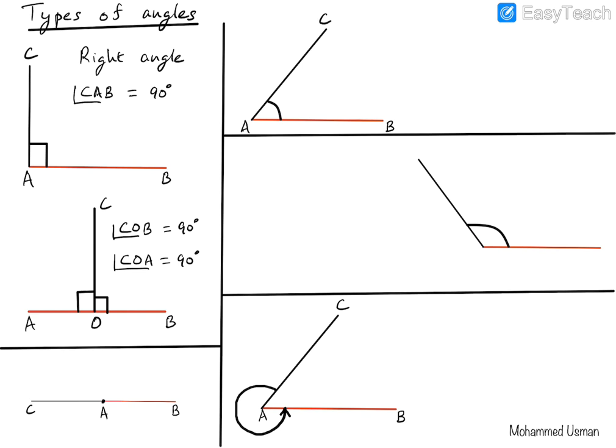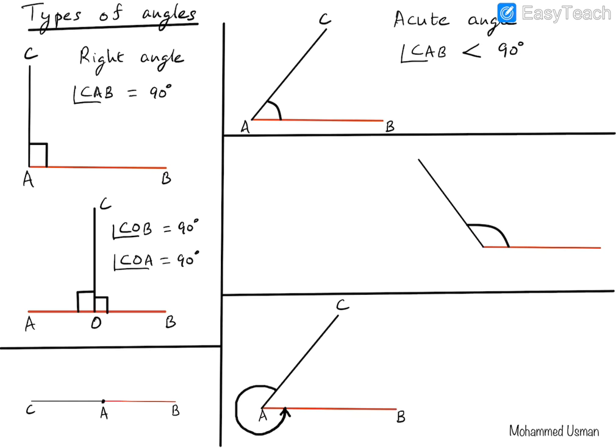Next, we look at the case where the angle between the two line segments AB and AC is less than 90 degrees, in which case we call it an acute angle. So an acute angle, in this case, we can write this as angle CAB is less than 90 degrees.